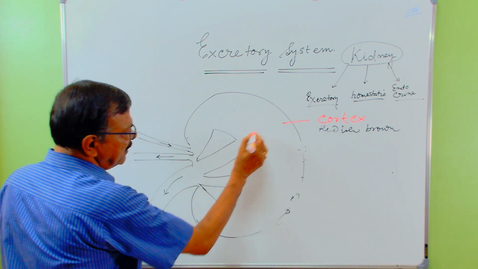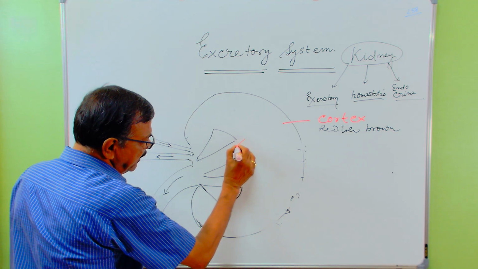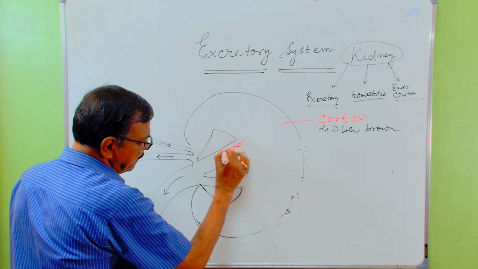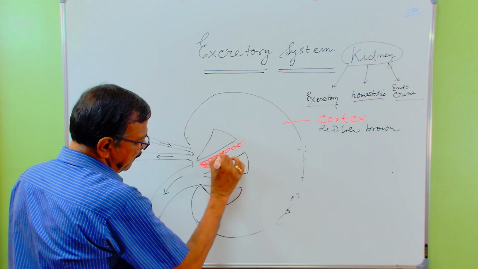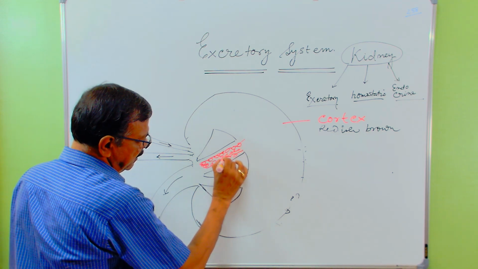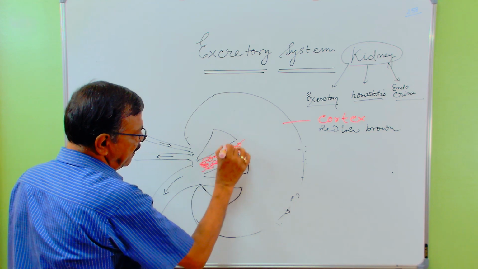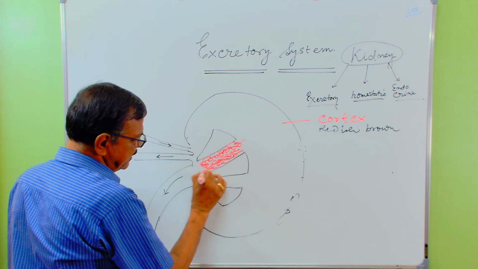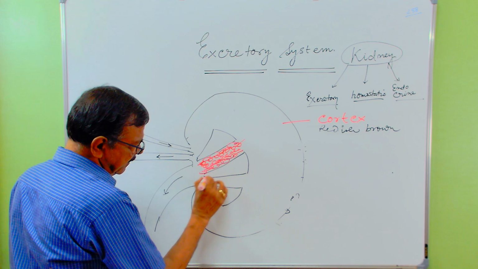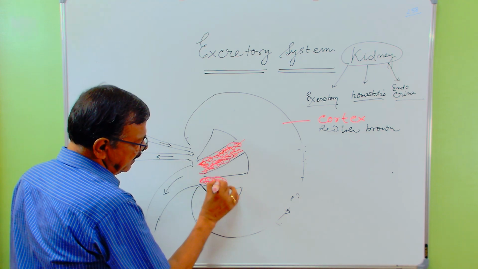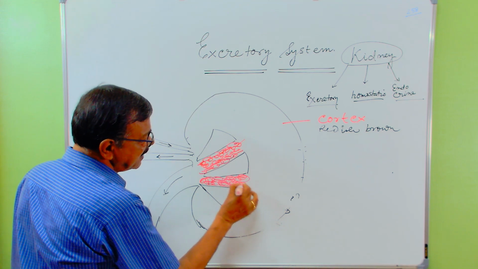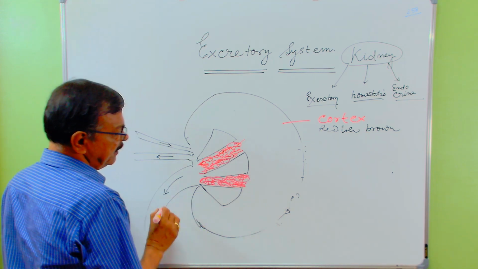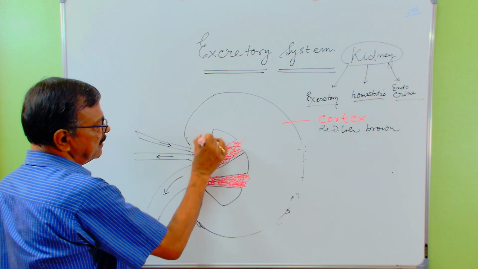In this way this cortex remains extended on both the lateral sides of the pyramids. This is the medullary rays, or the extension of cortex.